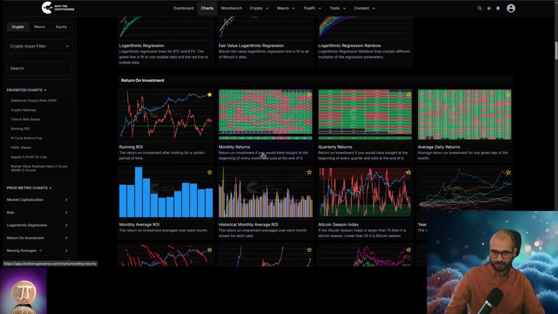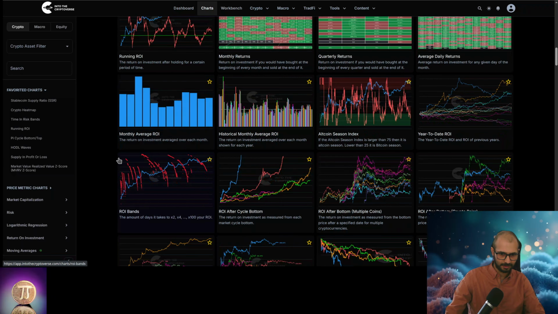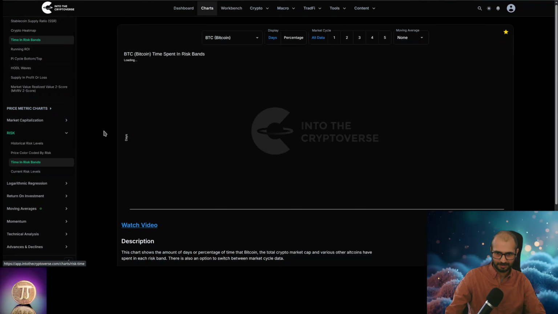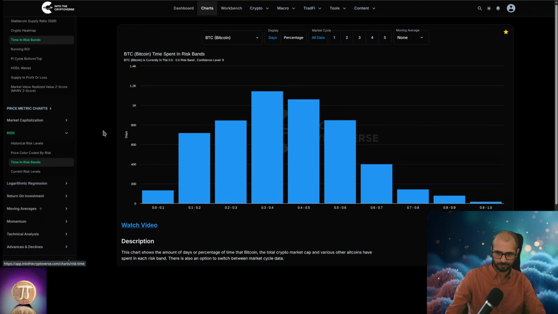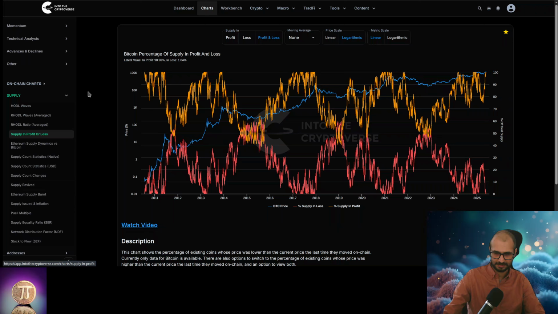Then what were the monthly returns, what was the ROI, and how long a particular asset stays in an oversold or overbought risk level. It's pretty interesting to see a chart from this kind of technical understanding.